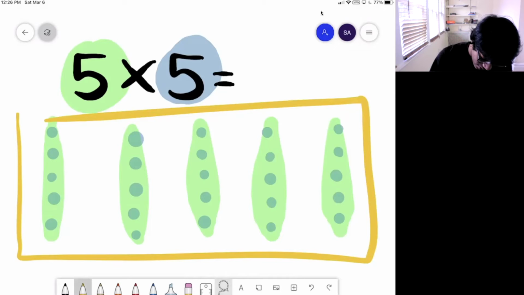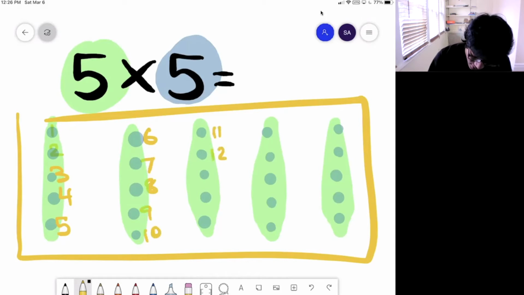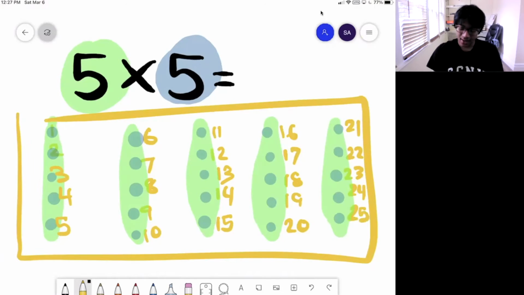So we're going to have 1 dot, 2 dots, 3, 4, 5, 6, 7, 8, 9, 10, 11, 12, 13, 14, 15, 16, 17, 18, 19, 20, 21, 22, 23, 24, 25 dots.